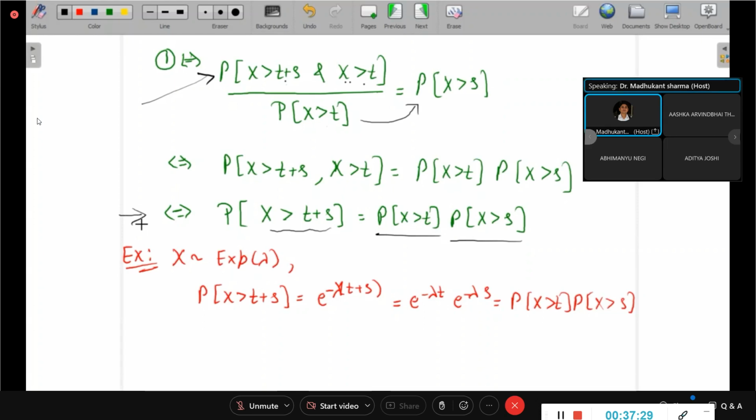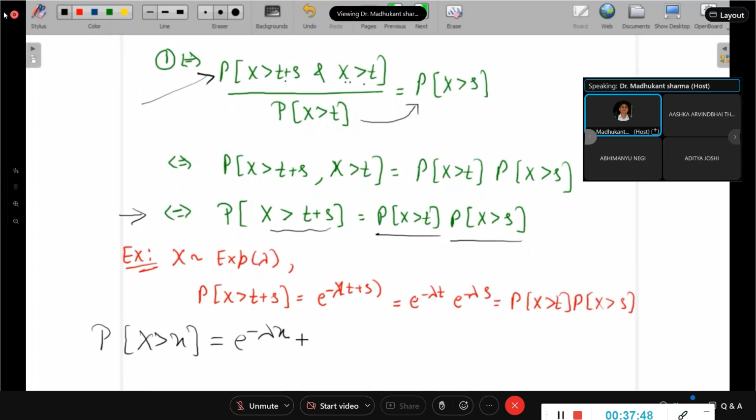Now if you follow what we did during the discussion of finding the cumulative distribution function, we found that the probability that x is greater than x is equal to e to the power minus lambda x. Note that x is a positive random variable, so only non-negative values are assumed here.